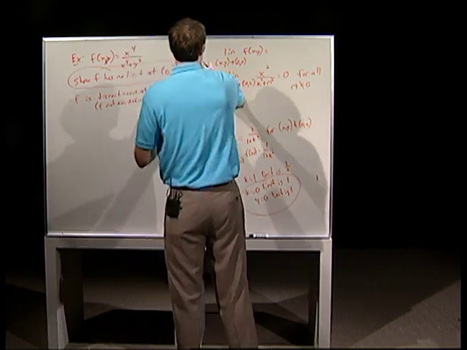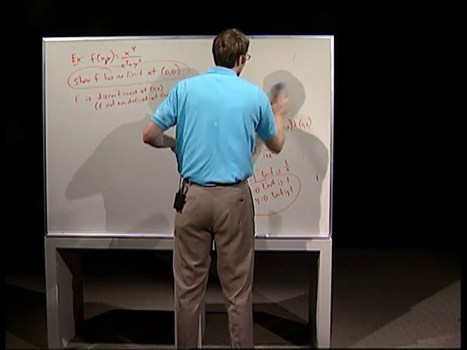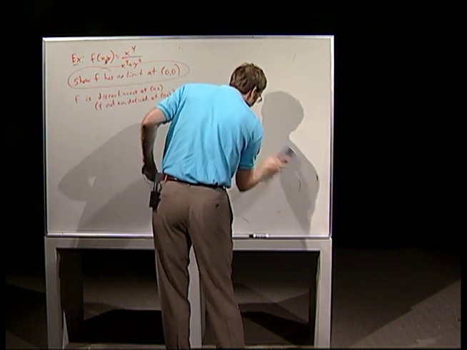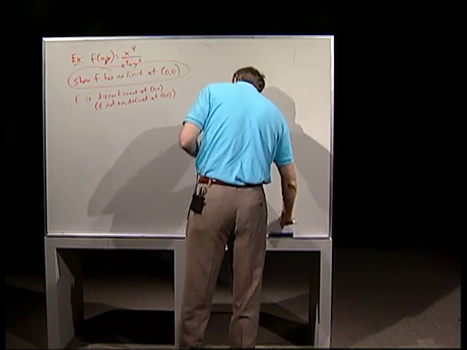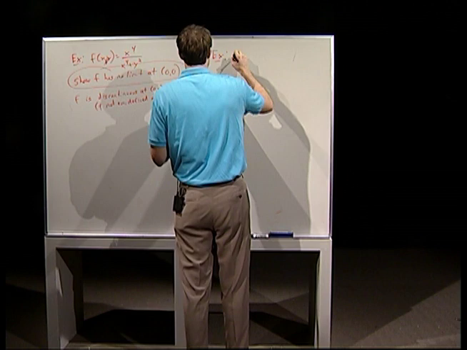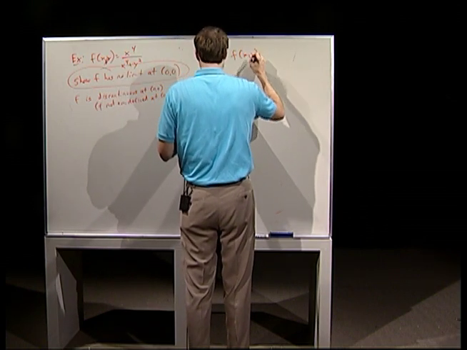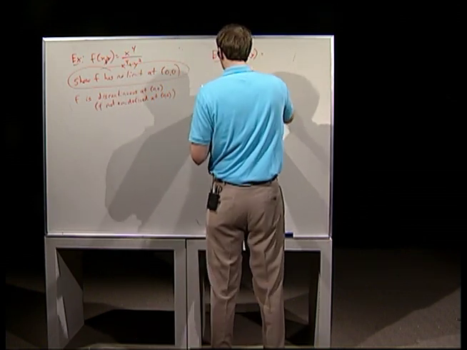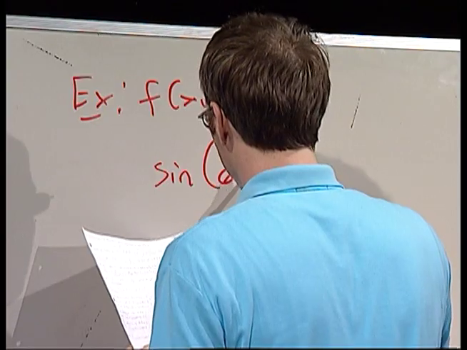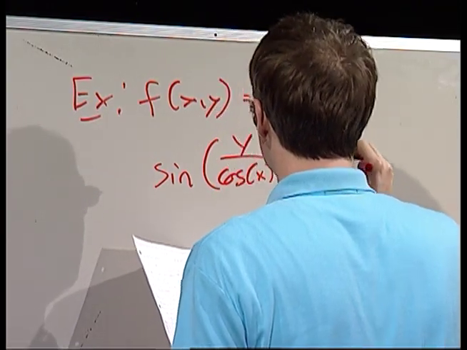OK, one last question on continuity here. We can talk about continuity of a function. Again, the same kind of rules apply. Most functions are continuous on their domain. This is true for functions of multiple variables as well. So let's talk about the function sine of y over cosine x.